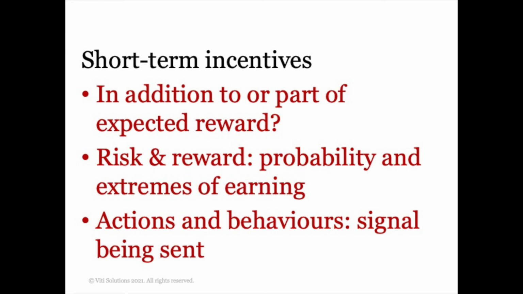So the other aspect of this is, do we pay for and signal the wrong things? Short-term incentives work. They pay for what you reward. So the signal tends to be very clear.